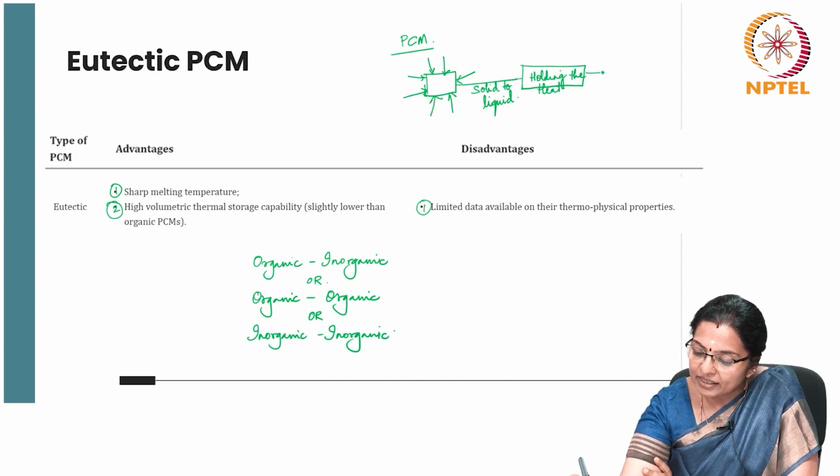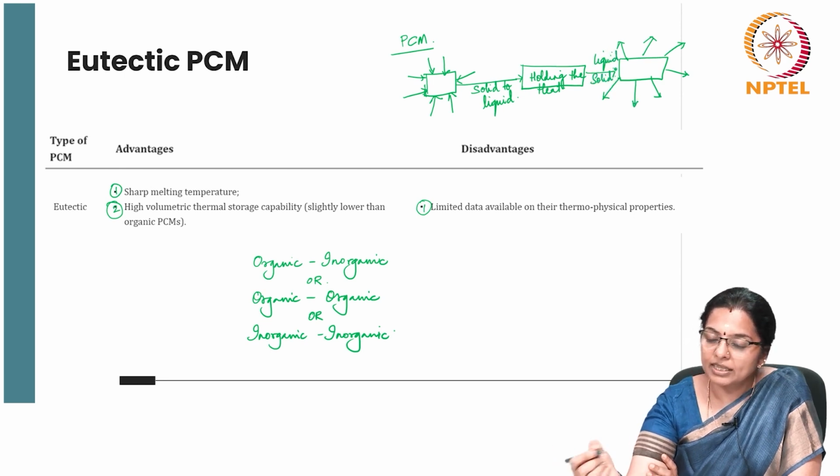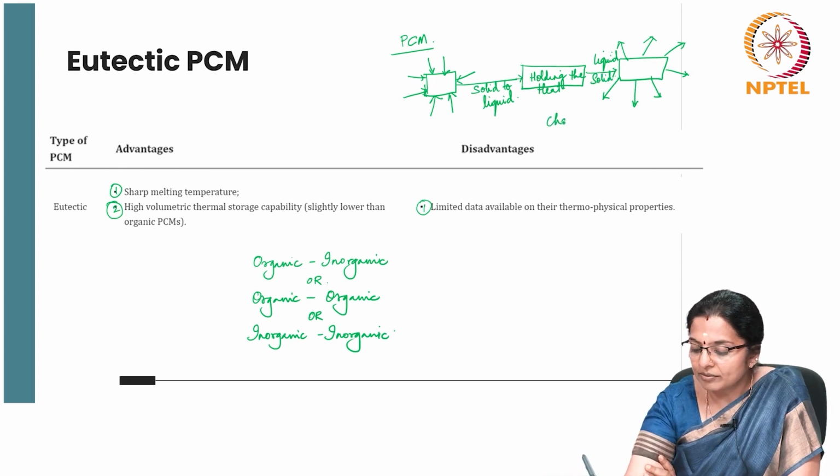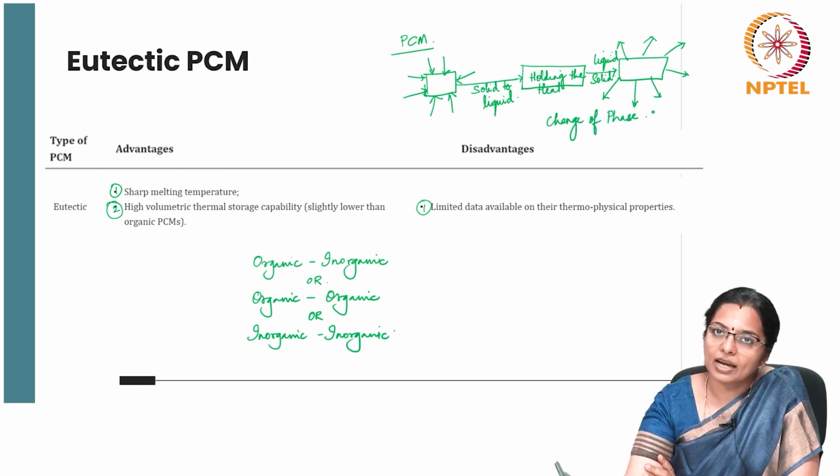When this material gives away the heat, when the heat gets dissipated, the material changes from liquid to solid again. This change of phase can happen multiple times and it is reversible.